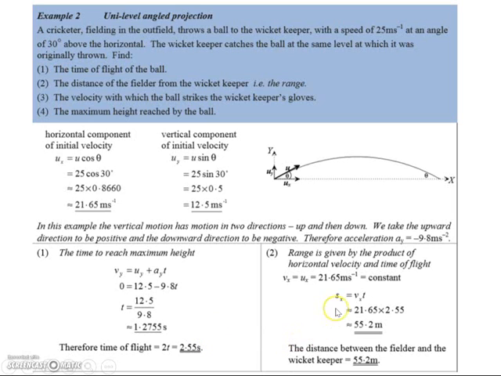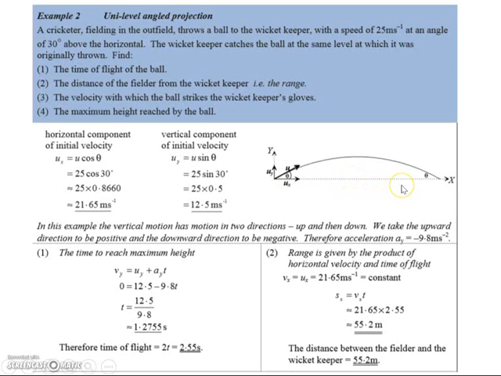Range, remember our range formula was s equals vt, so we know that in the x direction, v of x is going to equal whatever u of x was. So our initial component in the x direction was 21.65, and remember that it's going to be the same u of x the entire way.